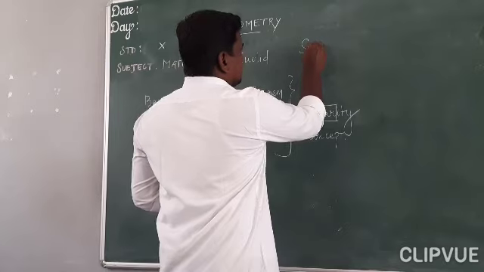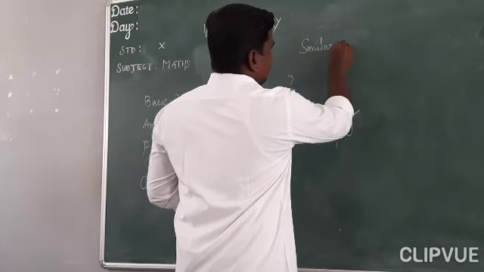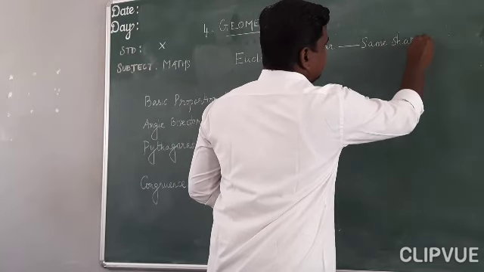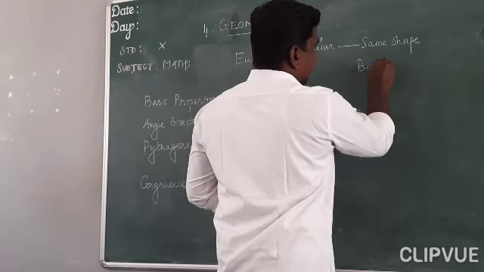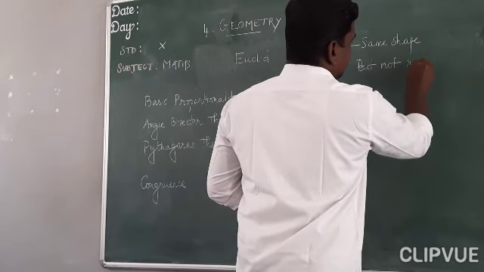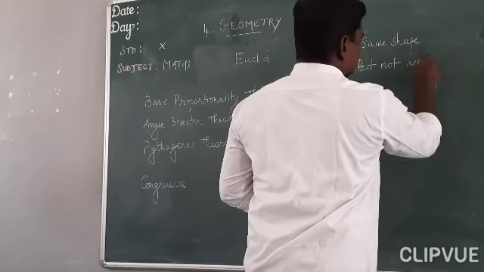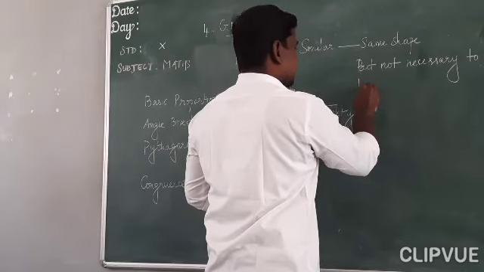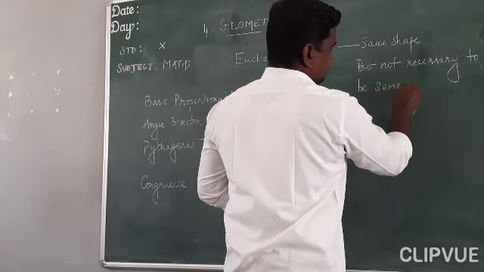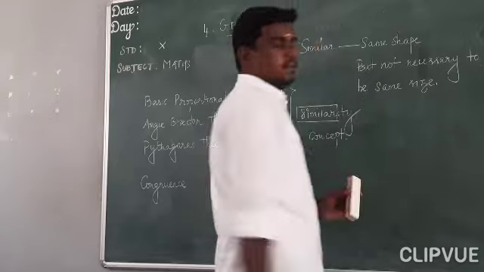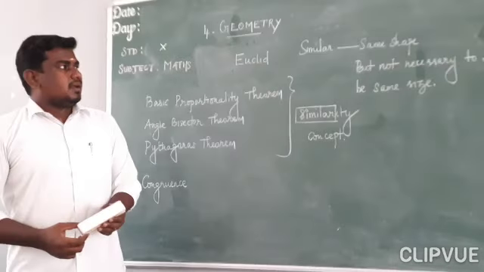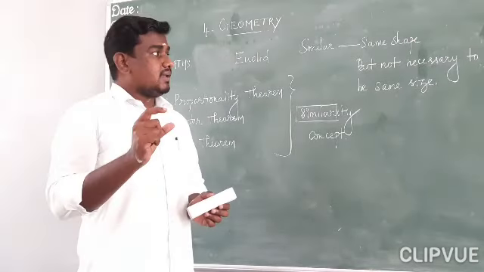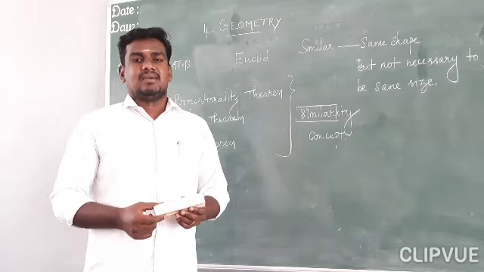So similar means same shape but not necessarily the same size. You can take the example of leaves on a tree. They are the same shape but not necessarily the same size.